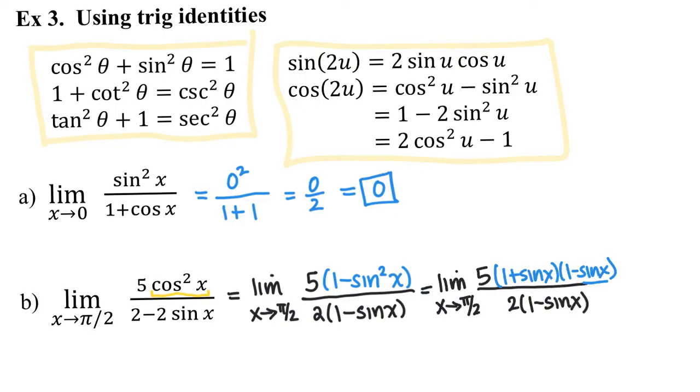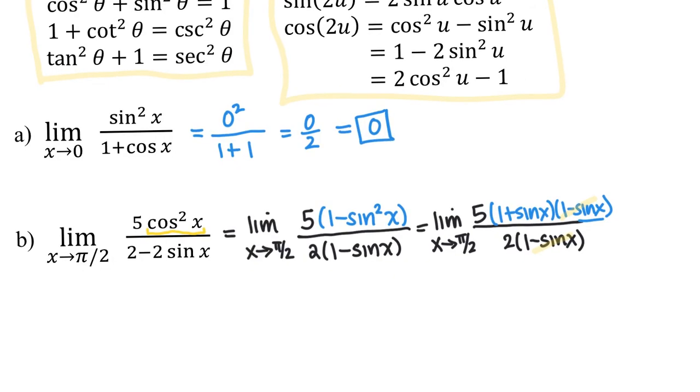Okay, can I cancel anything now? I can cancel the 1 minus sine x. So hopefully that fixed our problem. Let me bring down what I have left. And I am still writing the limit as x approaches pi over 2. And I will do it all the way until I get to the direct substitution step.